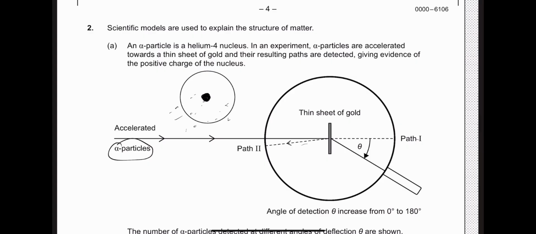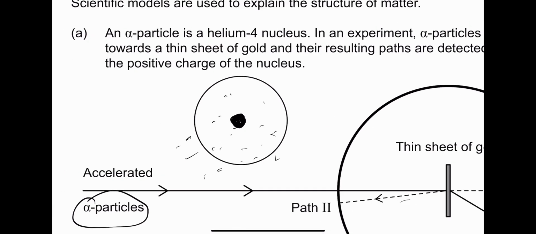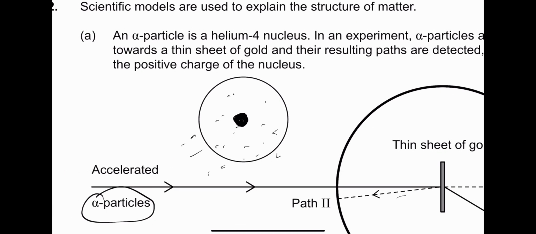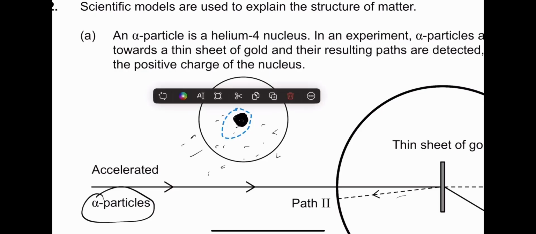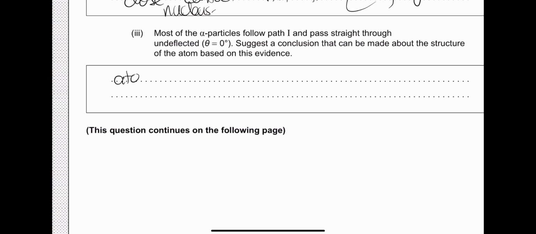If these particles are being fired randomly, not designed to go into this space, what does it tell us? It tells us that this nucleus is actually quite small, a lot smaller than we think, and most of the atom is actually open space. So we can write in our answer: the atom is mostly empty space.